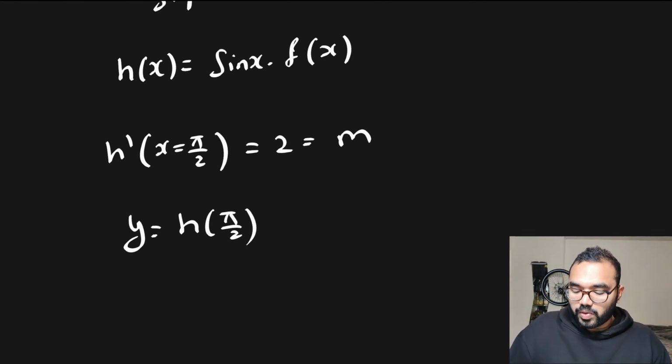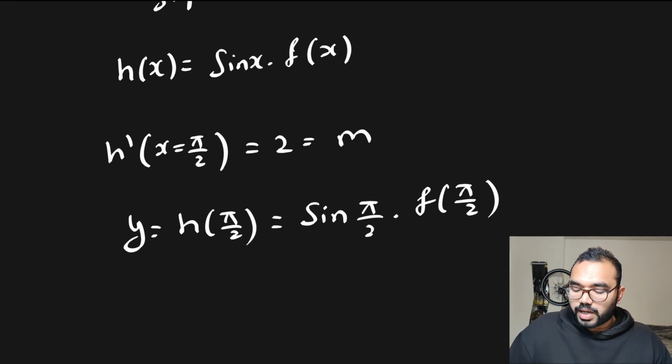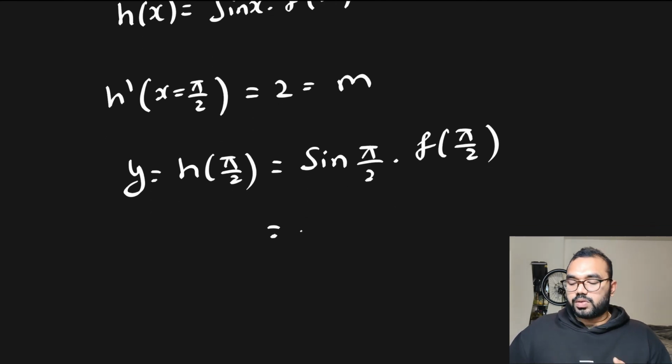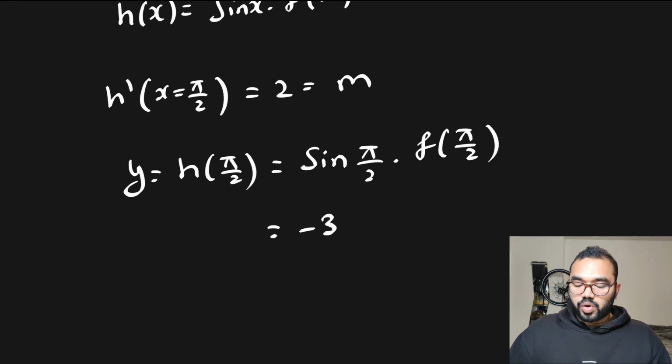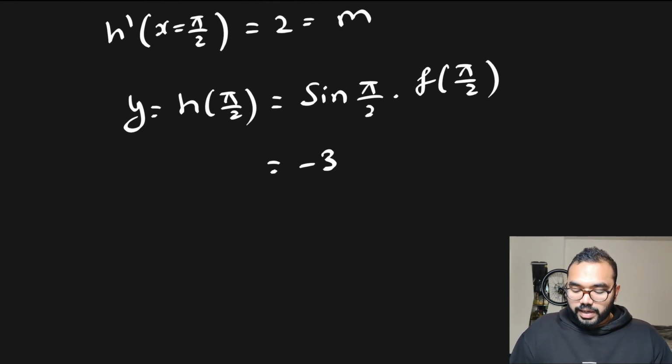H of pi over 2 is sin pi over 2 times f of pi over 2. We already found this value, which is 1 times negative 3, so negative 3. Okay, so the x and y coordinates are pi over 2 and negative 3.